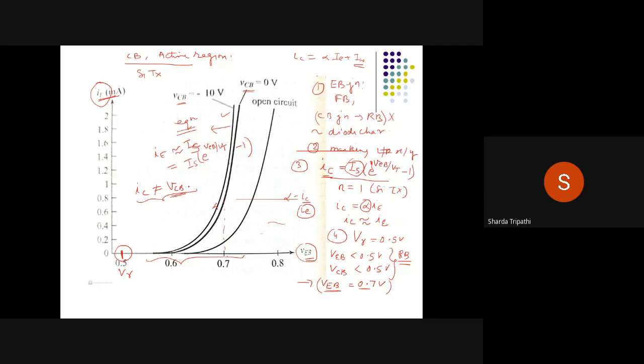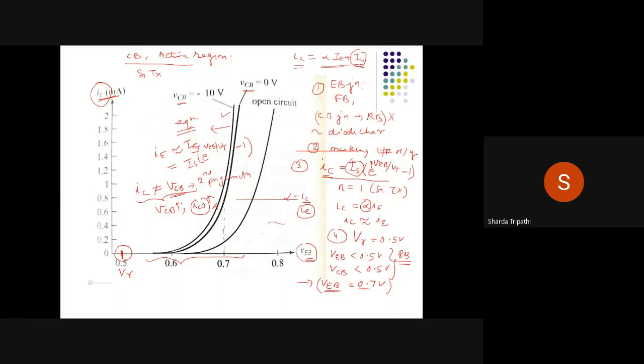Because this voltage is actually the voltage drop across the second PN junction. If I increase the value of VCB, then I only increase the reverse saturation current. And from this equation, I know that reverse saturation current is a very small component of this collector current.